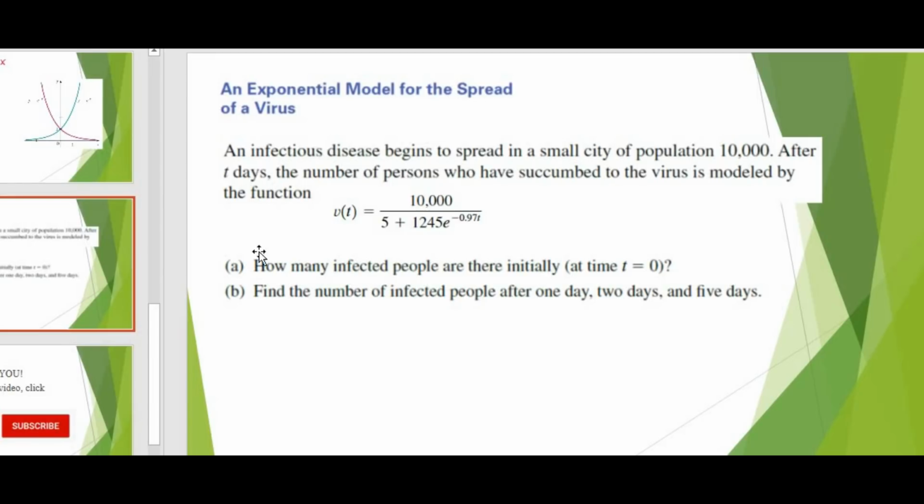We are asked this question: how many infected people are there initially at time t equals 0? And find the number of infected people after 1 day, 2 days, and 5 days.